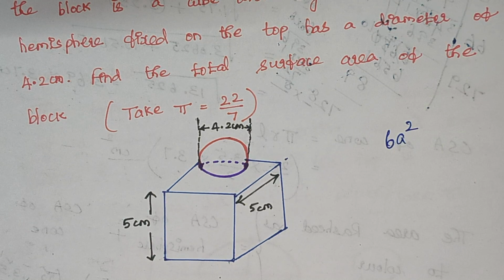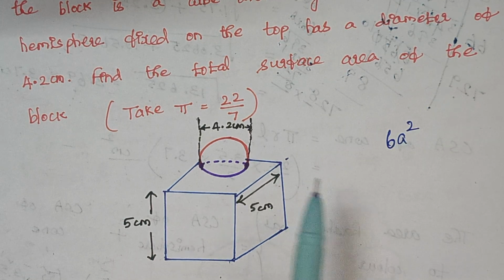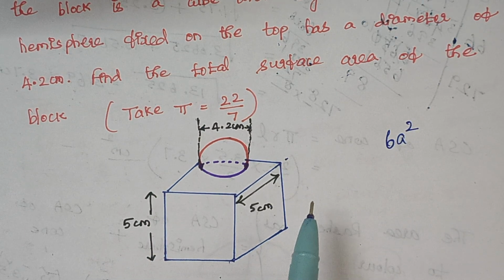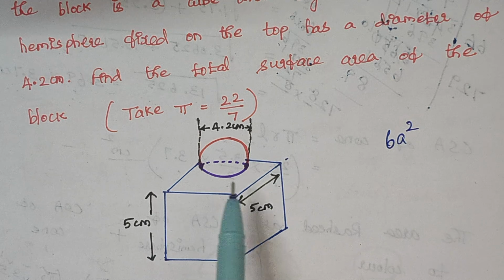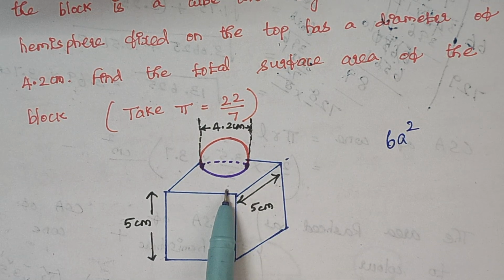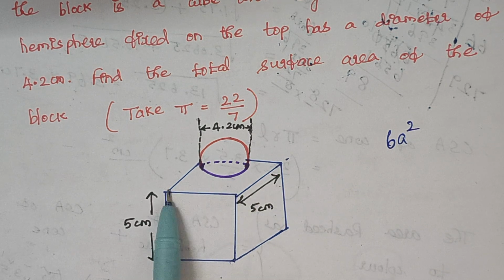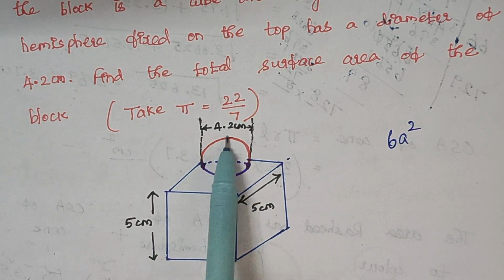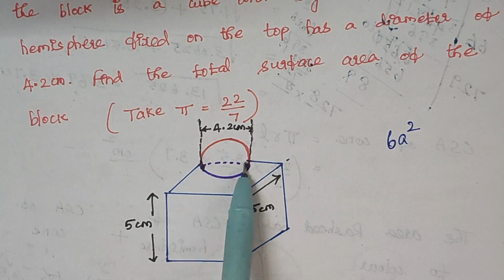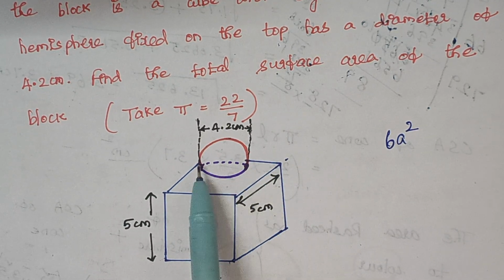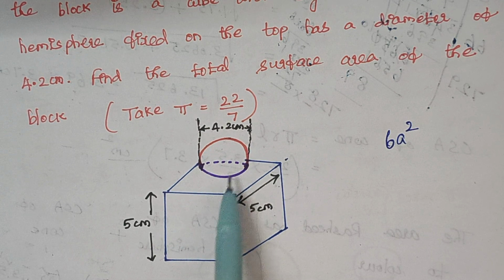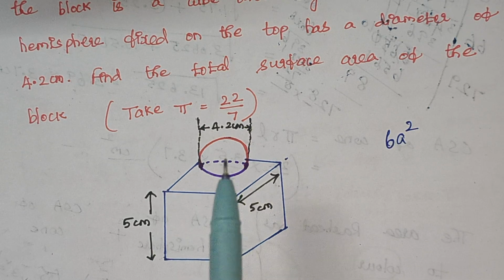That's fine. But you see, 5 sides of the cube you can just directly take. But what about the 6th side? That is the side on the top. On this side, we have a hemisphere, and this hemisphere covers some area at the top of the cube.